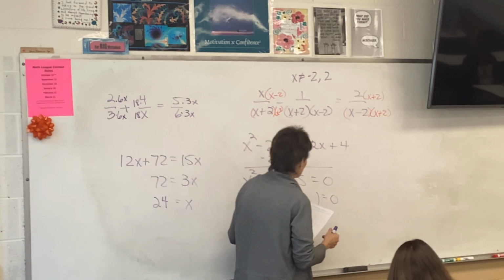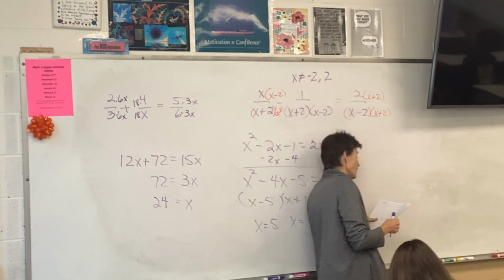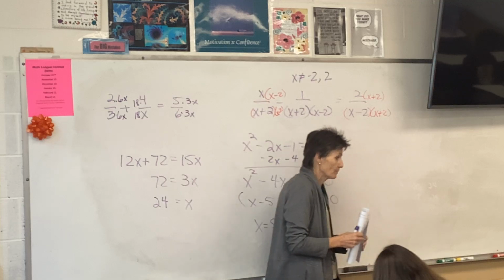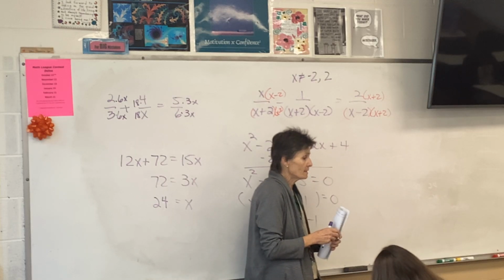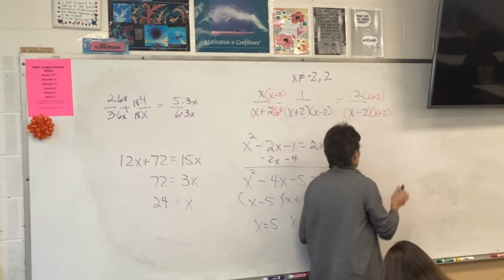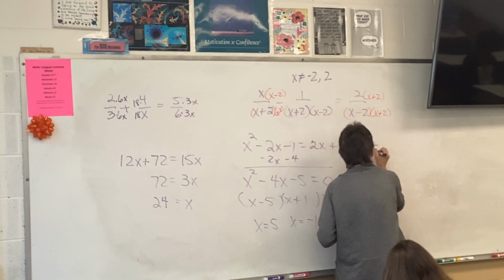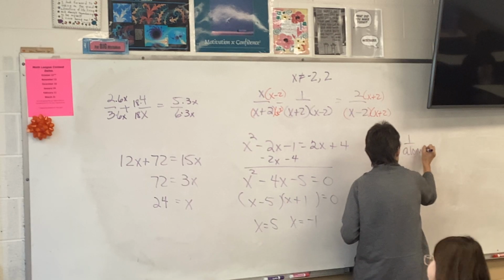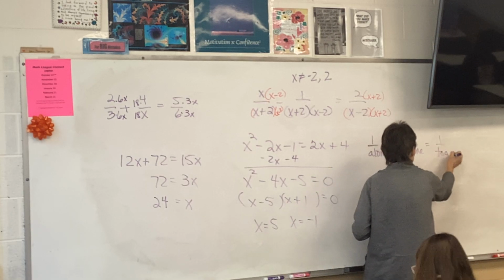Chandler can do the project in 10 hours. If Maura helps, it should take 8 hours. How long does it take Maura alone? So what is our setup? 1 over alone plus 1 over alone equals 1 over together.